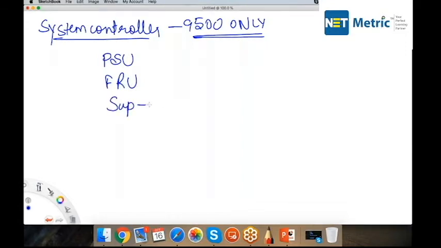What I'm trying to say is, here I'm writing the slot number, not the type: Sup 1 and Sup 2. Let us say I have inserted Sup A in one slot. Please make sure that on the redundant slot present on the same chassis, you're inserting Sup A as well. The type must be the same. You cannot have a combination of A and, let's say, A plus present on the same chassis.